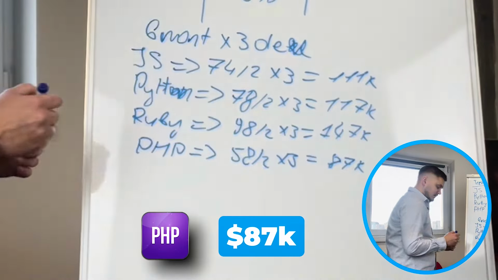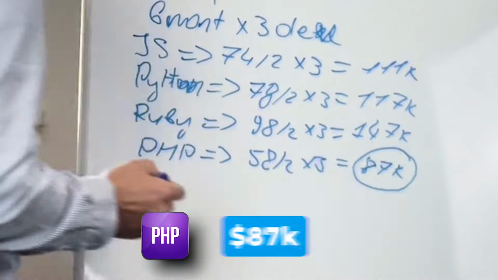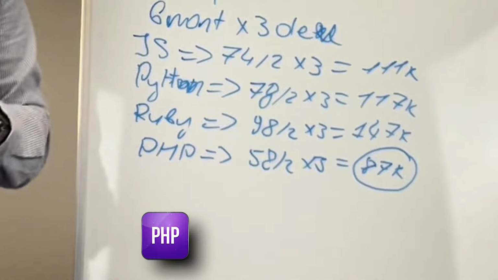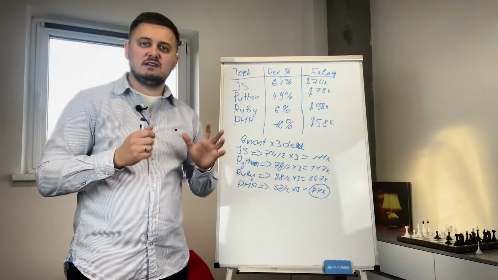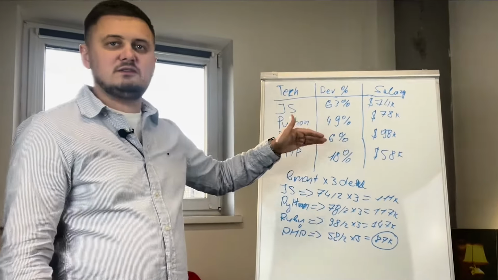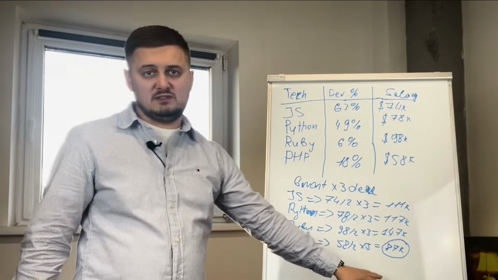So as you can see, this is the cheapest option if you take economic reasoning only, right? Don't go into all the ins and outs of each technology, just take the amount based off the survey and then understand what you can do. And this becomes the cheaper option.